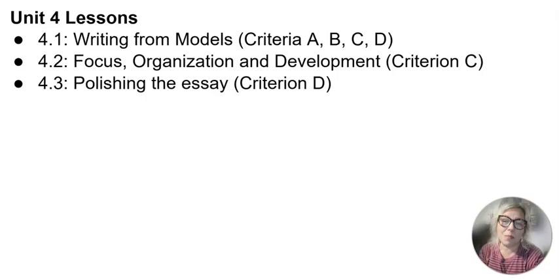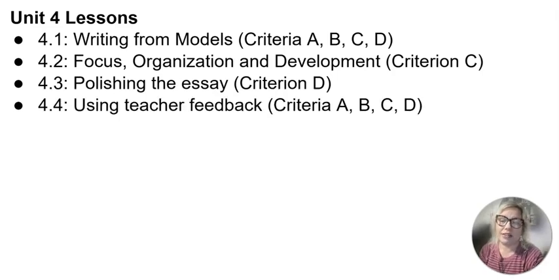4.3, we're going to talk about polishing the essay, getting rid of errors, and then also making your writing more active, avoiding those filtering devices that are so easy to use and that make writing less active. 4.4 is finally using teacher feedback. So that's when you'll get your The Things They Carried feedback back, and so you'll be able to start using the feedback that I've given you on that, or the feedback from The Handmaid's Tale essay.